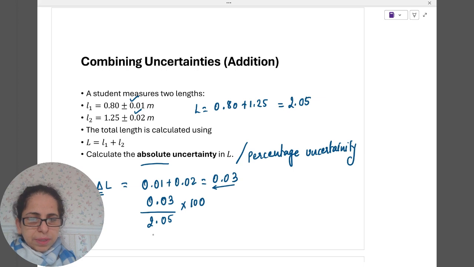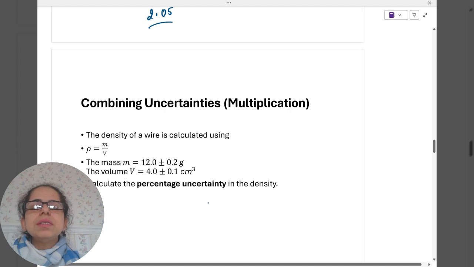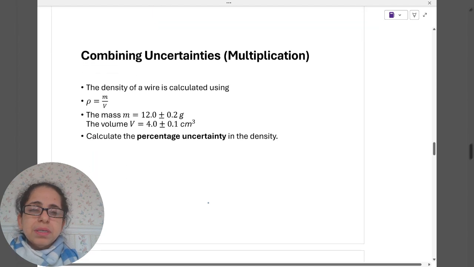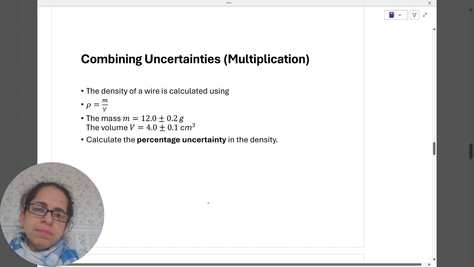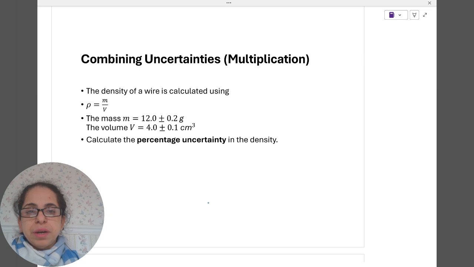Absolute divided by the measured times 100. Done. Simple. This is a fairly easy topic, but if it's easy, that simply means you can't afford to lose your marks on this one. This has to be a 100% gain on this mark.